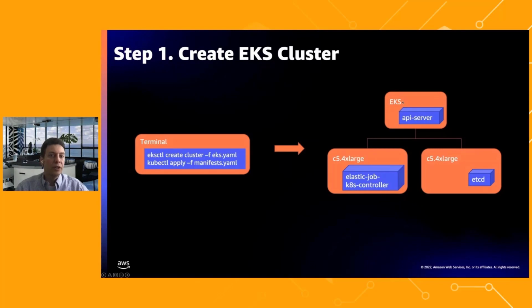The Elastic Kubernetes Service is basically the open source Kubernetes distribution, which runs on AWS in a managed way, which means that AWS takes responsibility for provisioning and managing the cluster, while you are able to have full control of the jobs and workloads that are executed on the cluster itself.